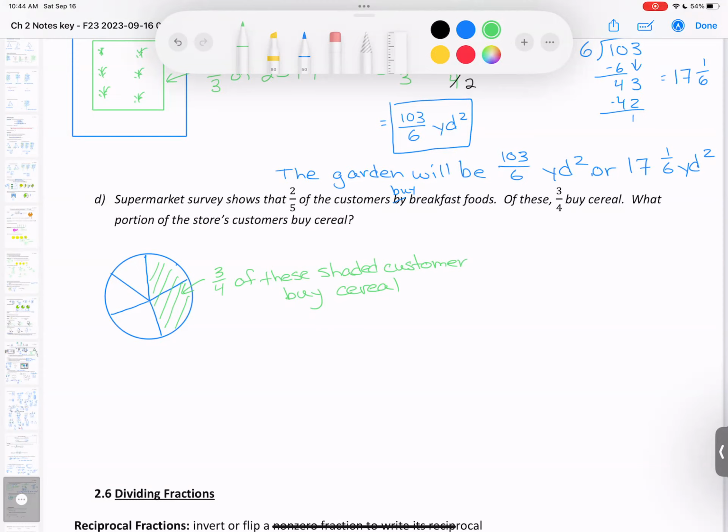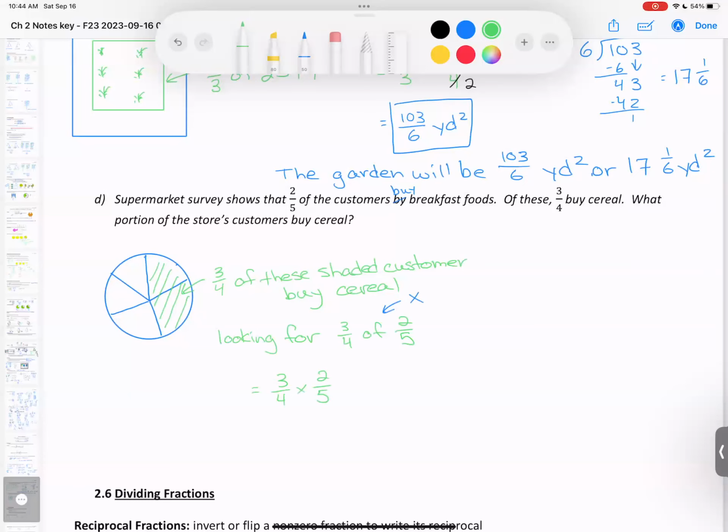So we're looking for 3/4 of 2/5. And just like we said in the last question, that "of" is going to mean multiply. So what we're looking for is 3/4 times 2/5.